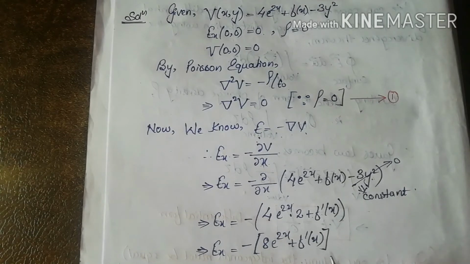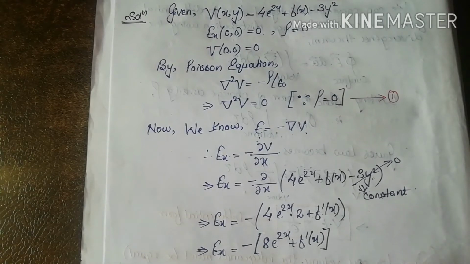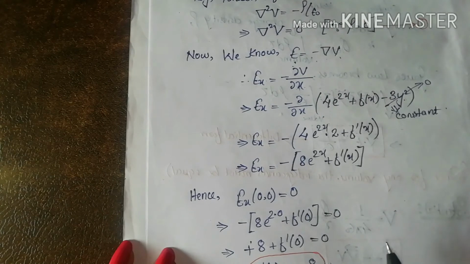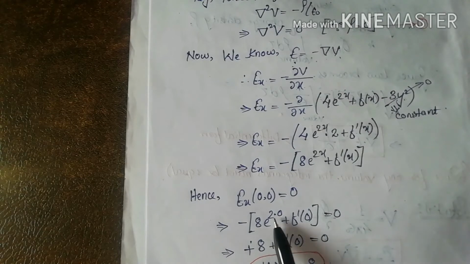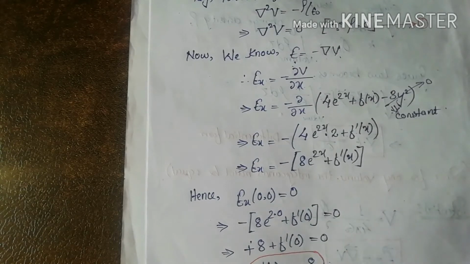Now we will use the condition that the x component of the electric field at the origin equals 0. That means we put x and y equal to 0. Since there is no term containing y here, because we are taking the x component, we put x equal to 0, which gives 8 e^(2 into 0) plus f prime 0 is equal to 0. From this we get f prime 0 equals minus 8.